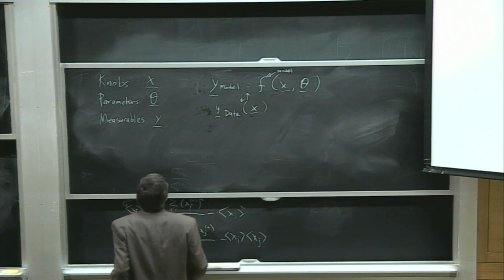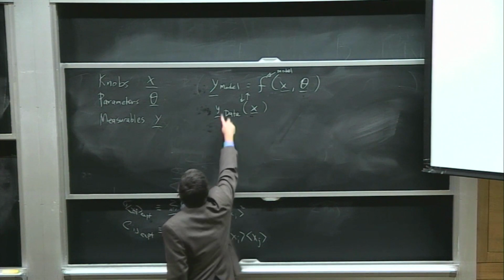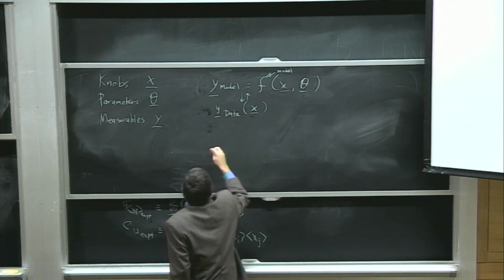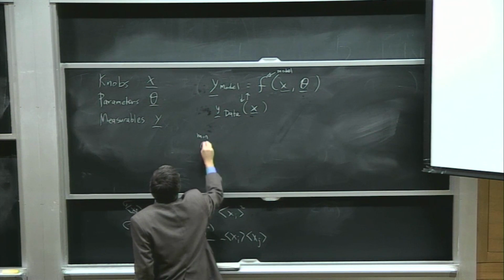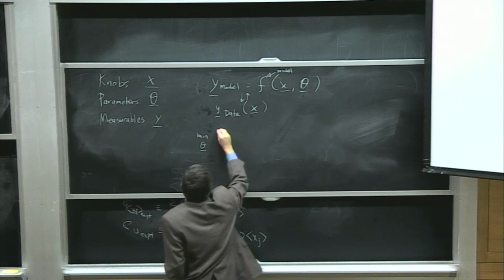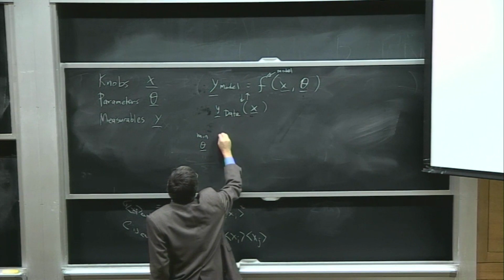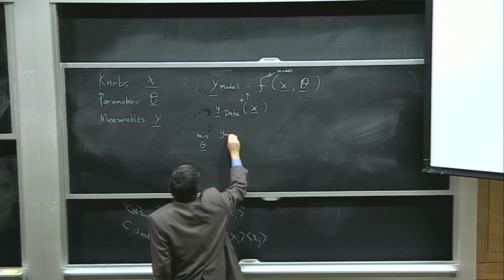So one idea, a very popular idea, is to say, I have this deviation between the model and the experiment, so I want to do a minimization by varying, say, parameter values of some measure of the error between the model and the data.